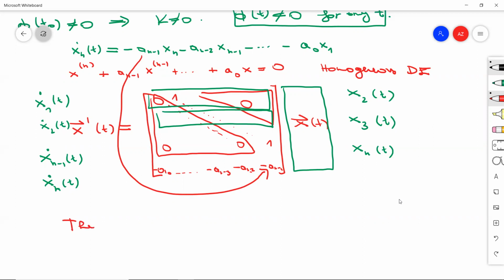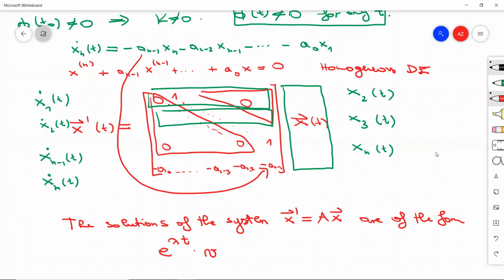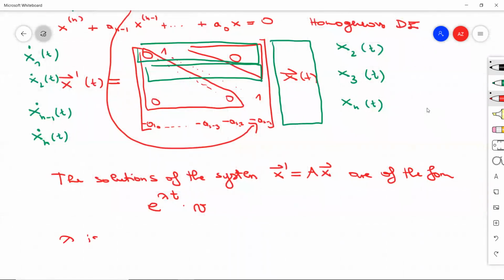The solutions of this system are of the form e to lambda t times v, where lambda is an eigenvalue of A and v is the corresponding eigenvector.